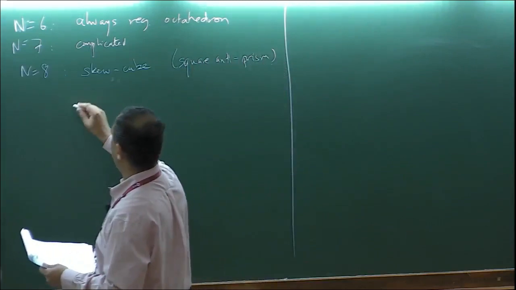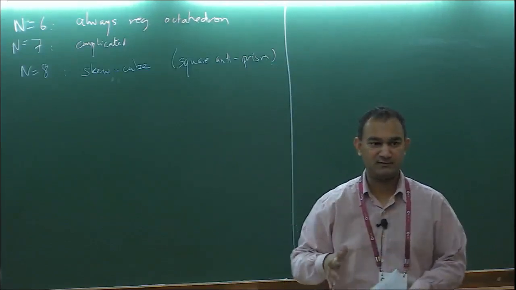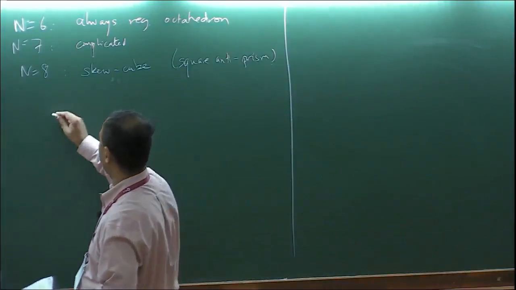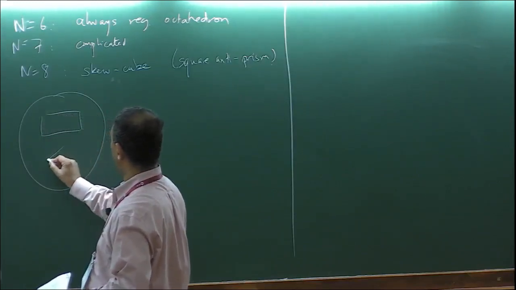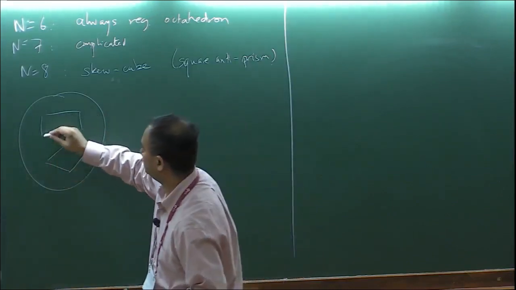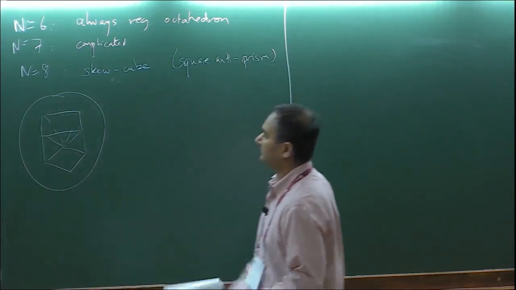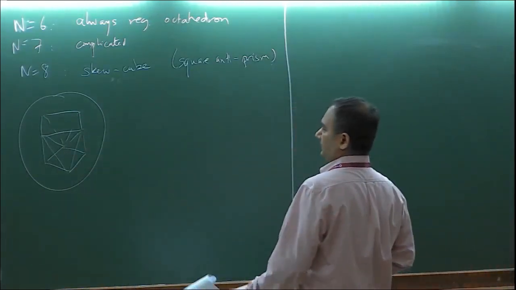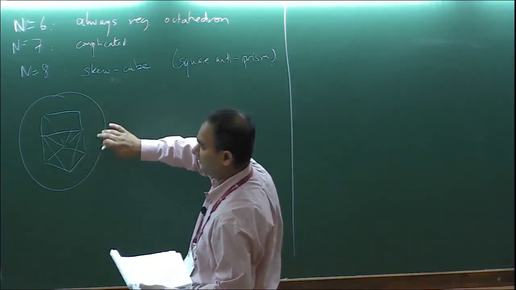What does that look like? You might think it's going to be a cube because a cube is a regular solid, but it's not a cube because it turns out the square faces are actually not that good for potential energy. So the potential energy twists the two faces, and so you get a square in the northern hemisphere, and you get the same size square twisted 45 degrees with respect to it in the southern hemisphere. So it's a sort of skew cube. Anyway, you can draw the picture, but this is again a one-dimensional family.